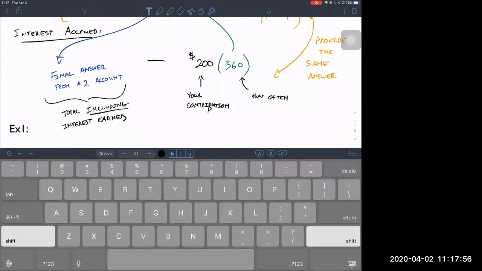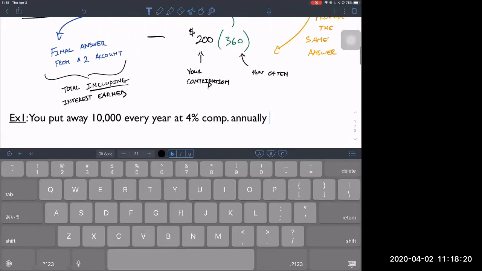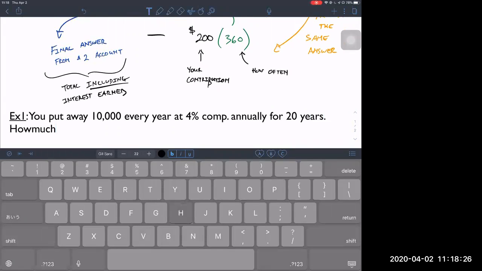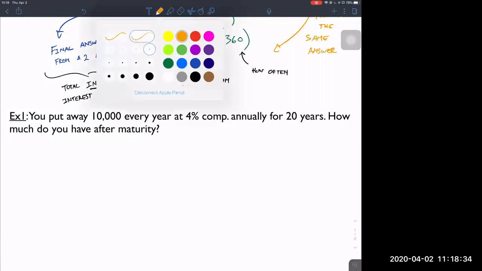Example 1. If I say you put away $10,000 every year at 4% compounded annually for 20 years, and the question asks how much do you have after maturity, what is this question asking for?